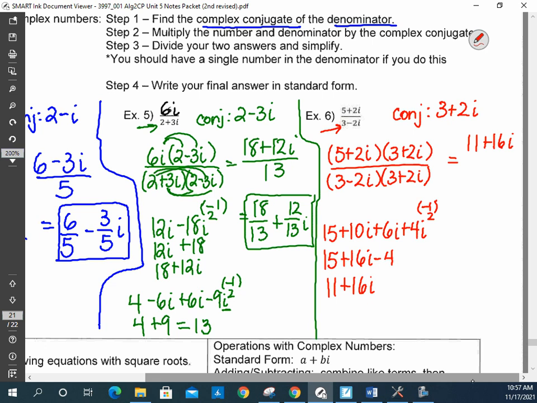Denominator, we do the exact same way. 3 times 3 is 9. 3 times 2i, 6i. Negative 2i times 3, negative 6i. 2i times negative 2i, negative 4i squared.